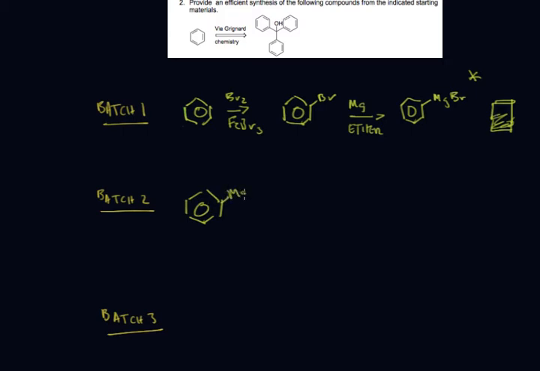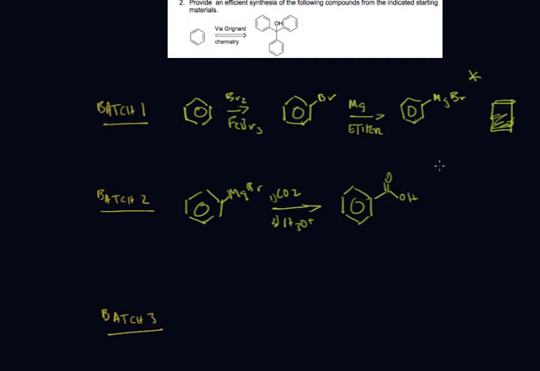You've got MgBr, and you are gonna react it with CO2, followed by H3O plus just for your proton, and that is going to give you the carboxylic acid that he wrote in.